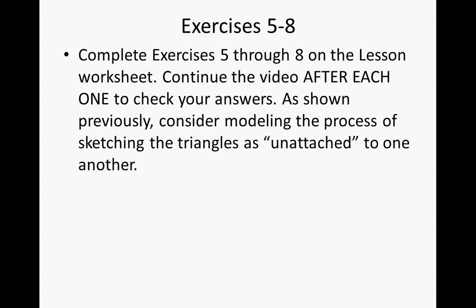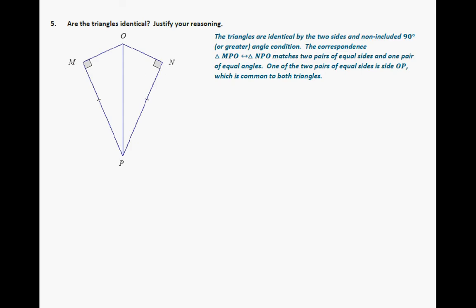Alright, let's take a look at exercises 5 through 8. Go ahead and complete these. However, continue the video after each one to check your answers. As shown previously, consider modeling the process of sketching the triangles as unattached to one another. Alright, you should be done with exercise 5. Here is the answer. Check your answer and then proceed to exercise 6.